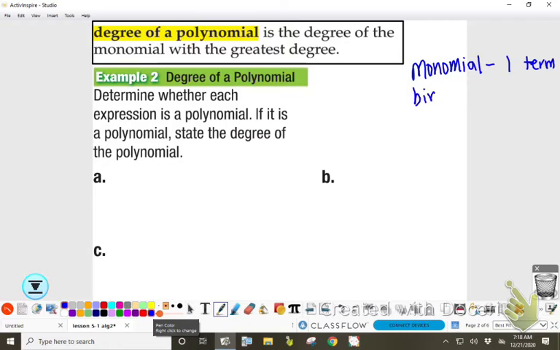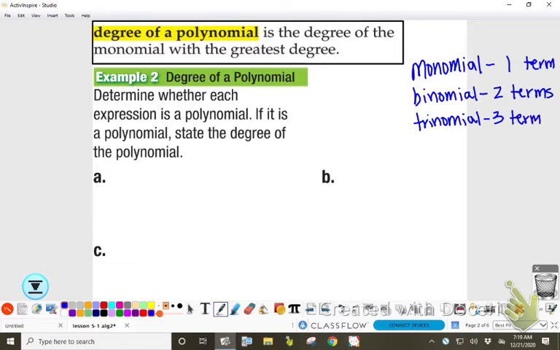A binomial is two terms. A trinomial is three terms. These are all words that you should know, but it's a good refresher. So if it is a polynomial, Delta Math is going to ask you what kind it is as well.